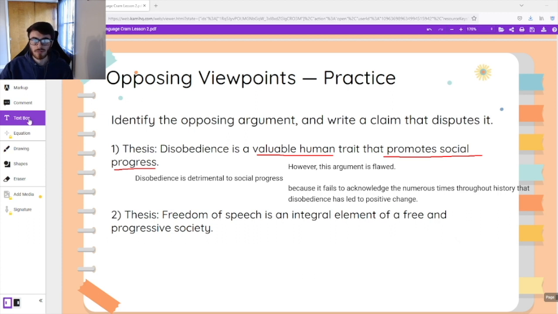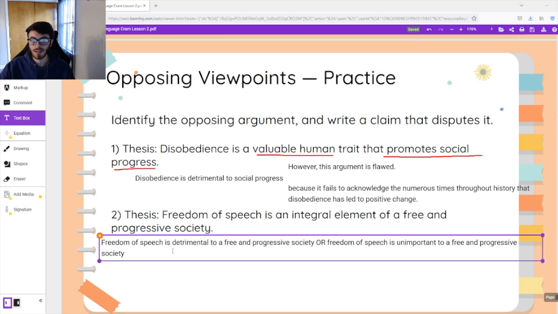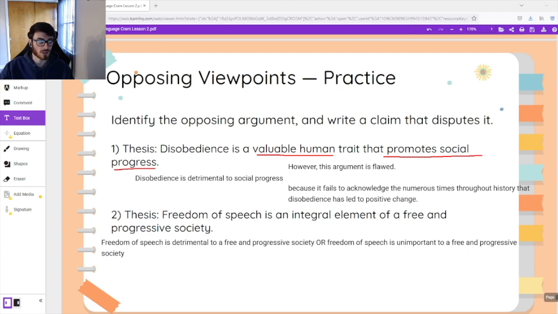Okay, so again, I think there are two potential opposing viewpoints here. Our thesis is freedom of speech is an integral element of a free and progressive society. The opposing viewpoint could be freedom of speech is detrimental to a free and progressive society, or freedom of speech is unimportant to a free and progressive society. And the way we dispute this might change depending on which of these opposing viewpoints we are addressing, right?